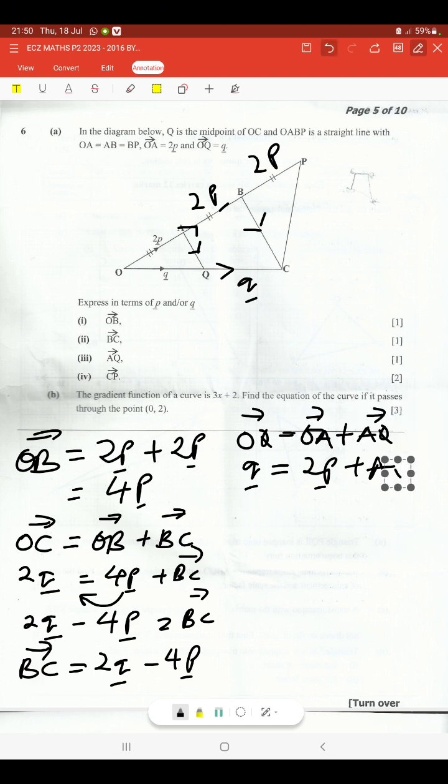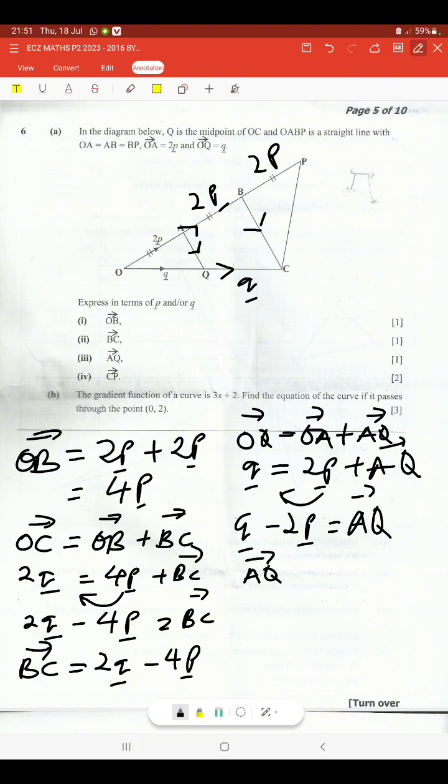Therefore our vector AQ, if we take this one to the other side of the equation, we're going to end up with Q minus 2P giving us AQ. So if you want, you can simply say AQ equals Q minus 2P.